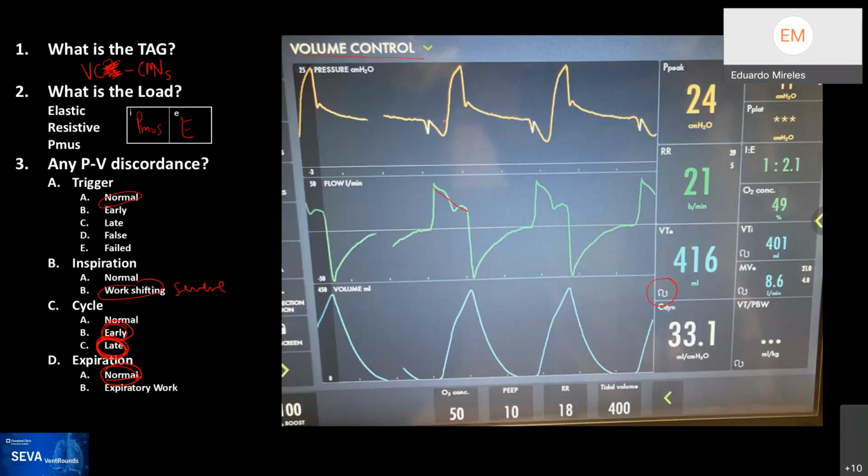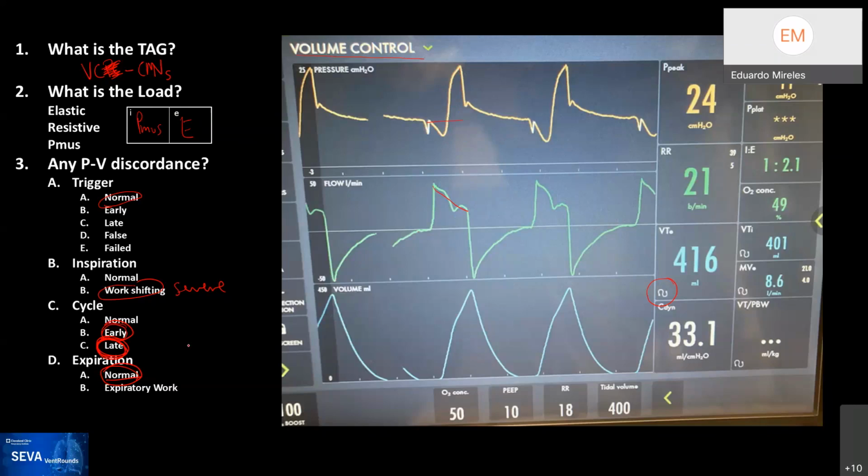So there's a baseline right there, and it drops it below that. And then the PMOS ends, so it's a very short and intense PMOS, and then the system pressurizes. The ventilator continues delivering flow, and you see this increase in pressure.